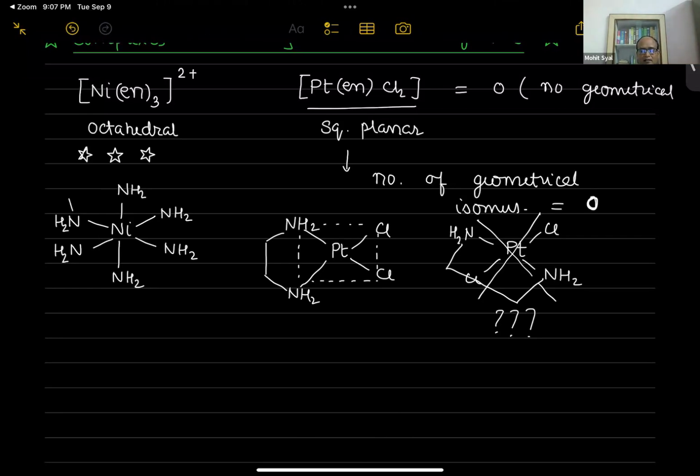Always connect them in a cis manner. Is it clear? But all the endpoints are NH2, and even if we swap them, it is not going to create any new arrangement. So all same, no geometrical isomers. Got it?